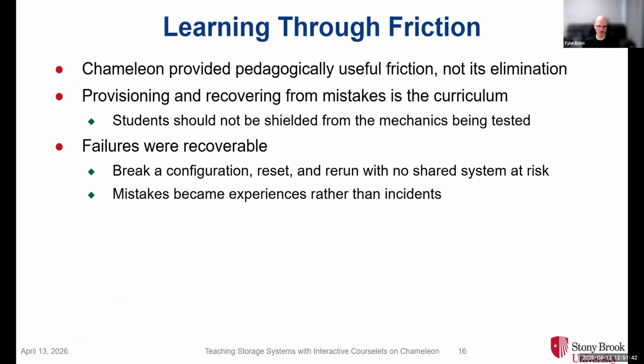We want to force them to get it right while also presenting them with controlled failures, and guiding them on how to handle these failures when things go wrong. The thing about Chameleon is it gives you a really safe, flexible environment to do that. You can break it and reconfigure your VM all you want, and you're completely isolated from other students. So you can just reset and get a clean slate as you need. And as Professor mentioned earlier, this wasn't always the case in a traditional lab setting.